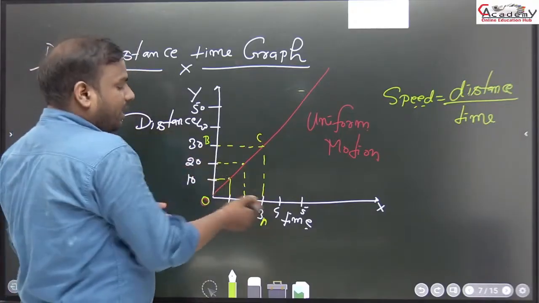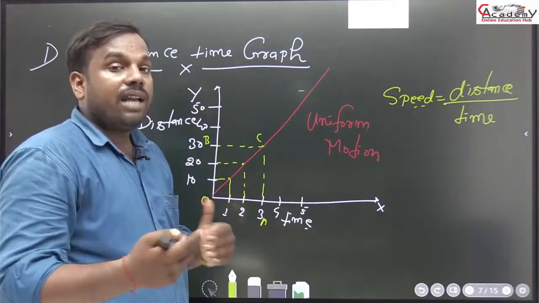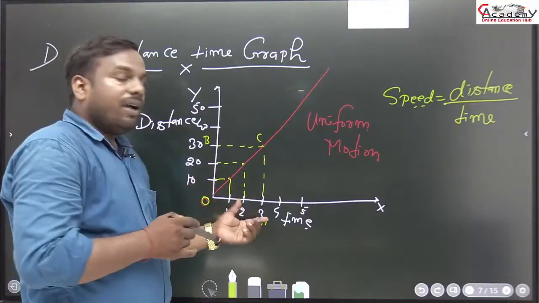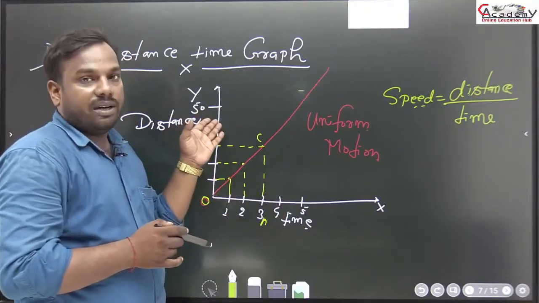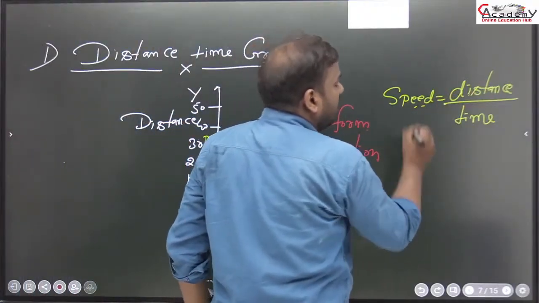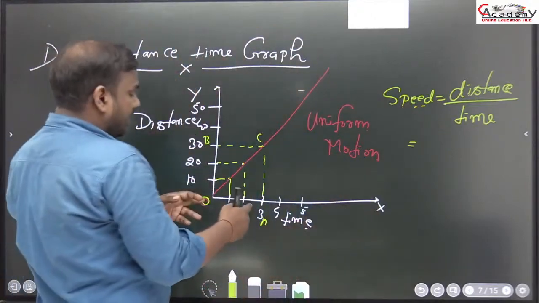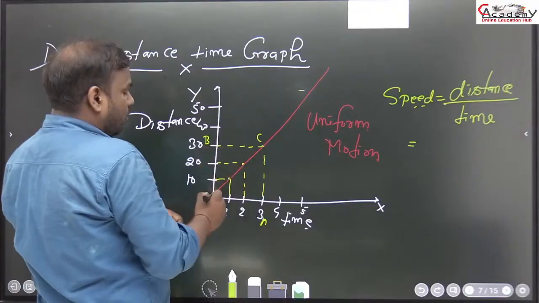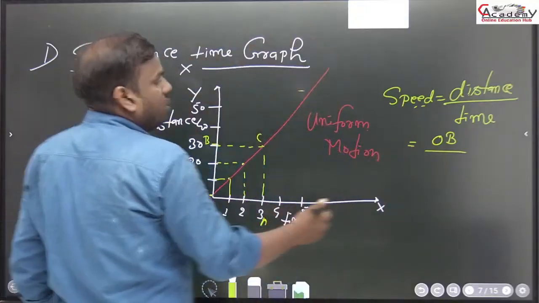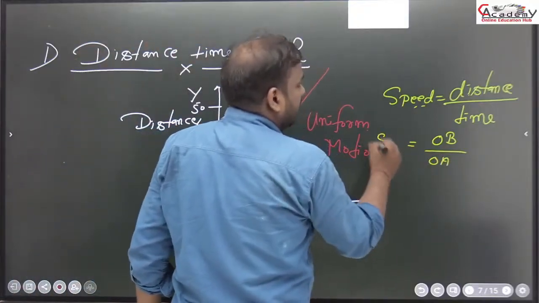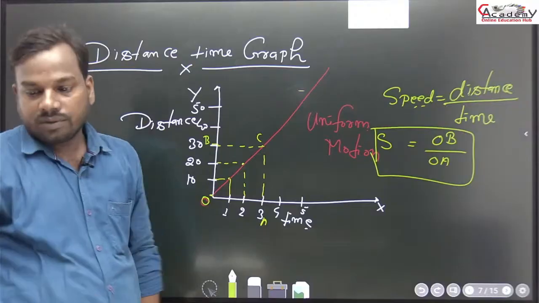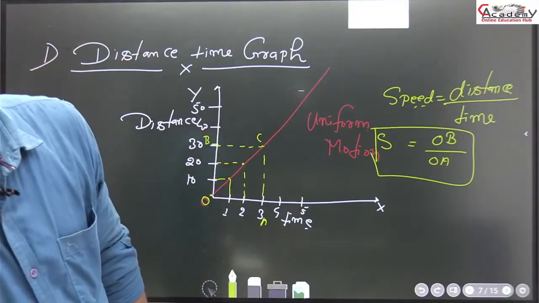If anyone asks to find the speed when time is 5 seconds, firstly write speed is equal to distance upon time. So the distance is OB upon the time OA. That is the speed, OB upon OA. Is that clear?